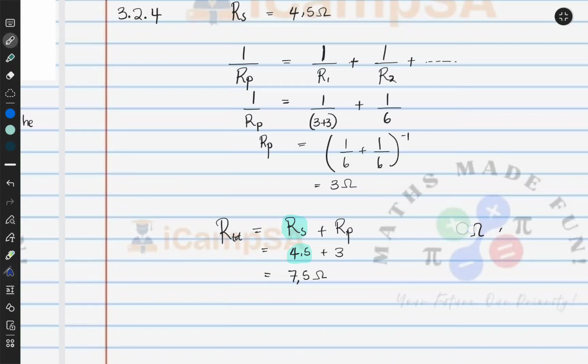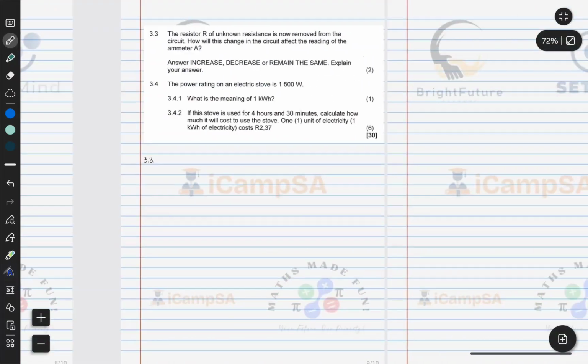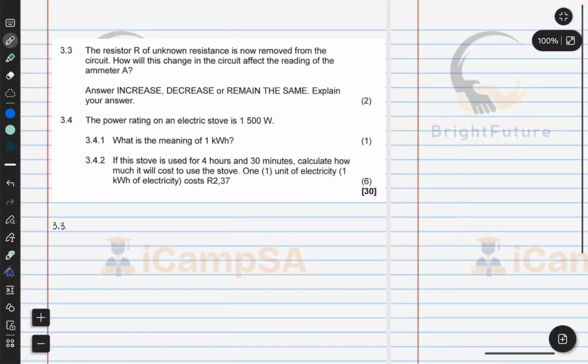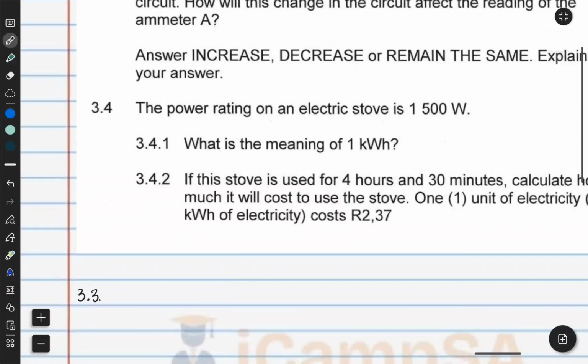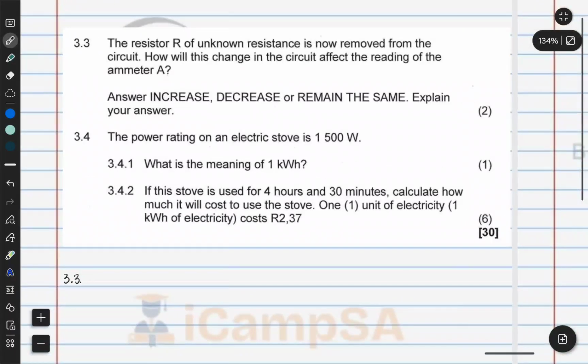That's one thing. What happens if the resistance decreases? Think about it. What happens if I drop the resistance? What happens to the current? That's where you now use Ohm's law. So in simple terms, if I remove the R ohm resistor, the total resistance of the circuit will decrease, and therefore, since resistance and current are inversely proportional, the current in the circuit will have to increase.